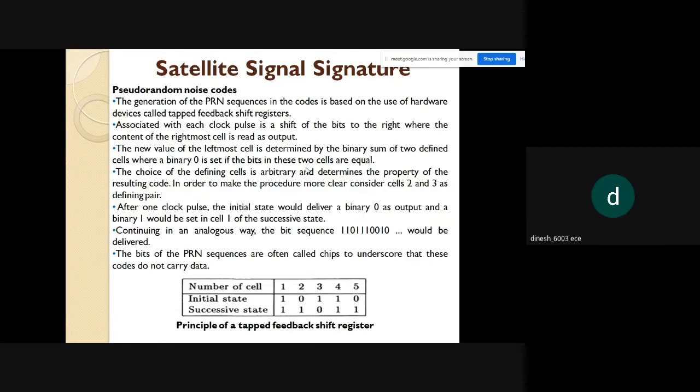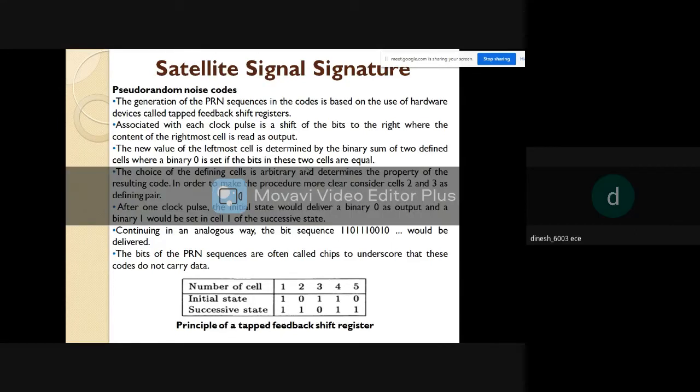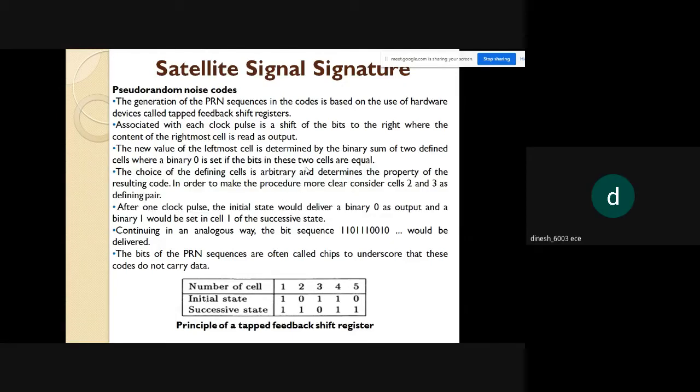Each clock pulse given as an input acts as a shift of the bits to the right hand side. When we give a clock pulse, the bits shift right, where the content of the rightmost cell is read as output.